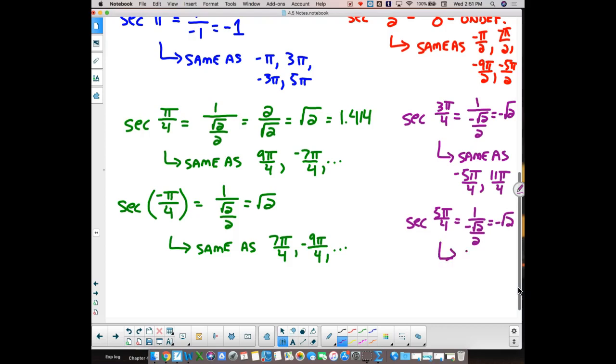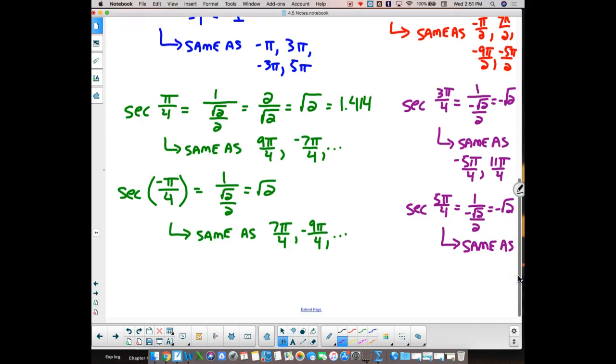But this is, oops, I missed my arrow. What's that one the same as? So that's going to be negative 3 pi over 4, negative 11 pi over 4, and so on and so forth.